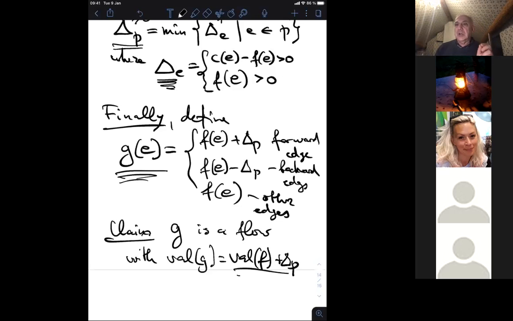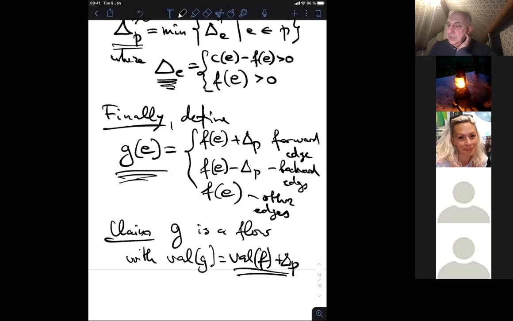We can just check at A. By definition, the value of a flow is the outgoing flow from the source, and from the source we'll be changing one edge, increasing its outflow by delta. So obviously the whole outflow from the source will be increased by delta P.